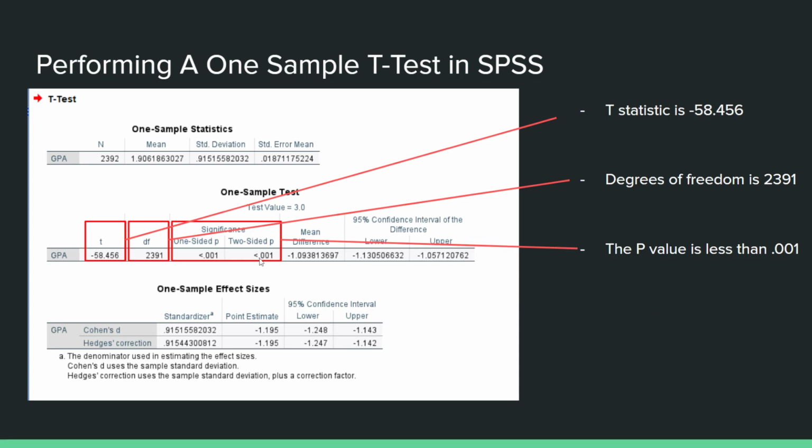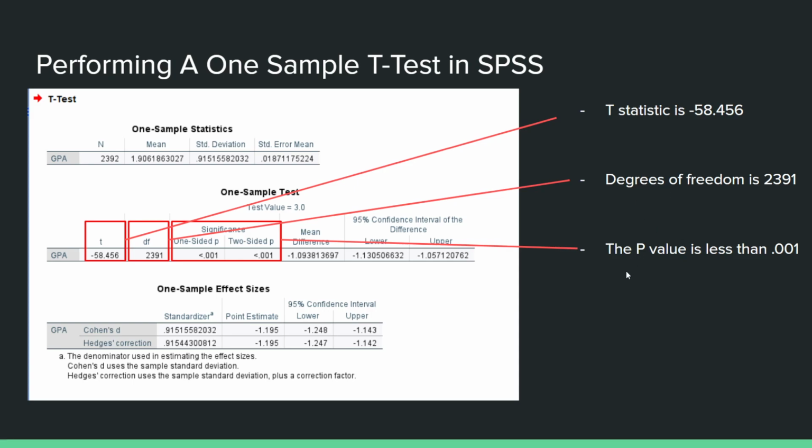And what we get here is a pop-out window that has the results of our test in it. So we have our t-statistic, which is negative 58.456, which is the difference of the mean over the variance, like we said earlier.